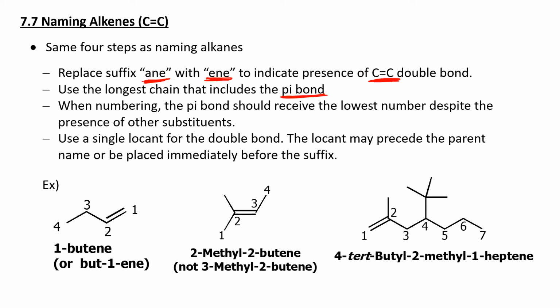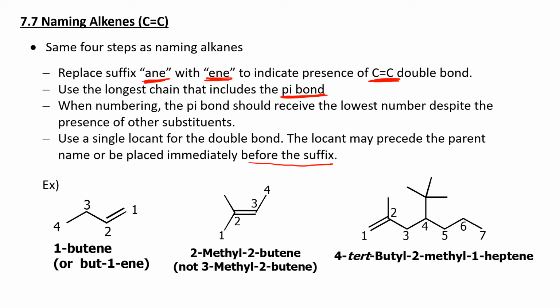When you number, the pi bond should receive the lowest possible number. Just for alkenes, we have some other higher priority groups that we're going to talk about later. And then we use a single locant for the double bond, and the locant may precede the parent name or be placed immediately before the suffix, just like we did with the alcohols.